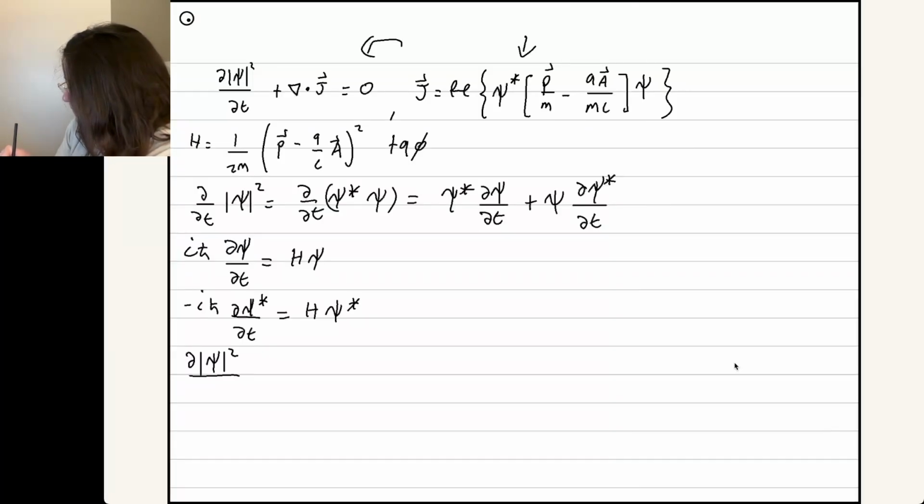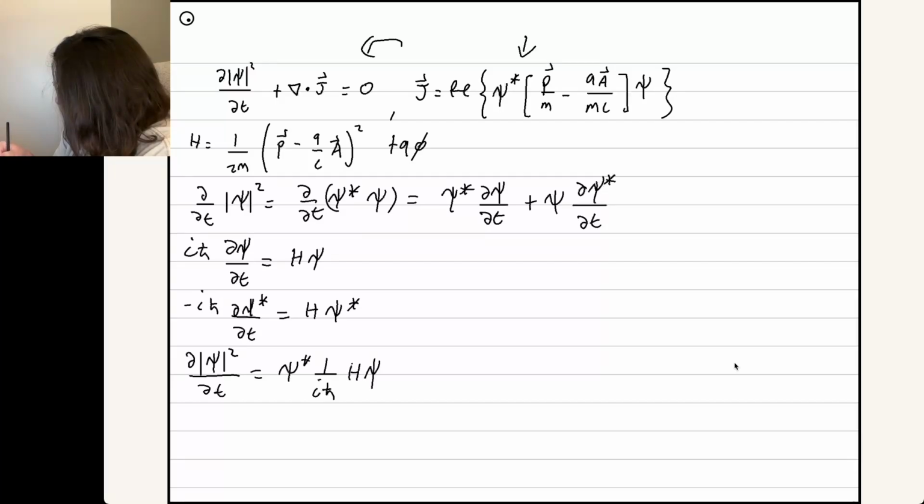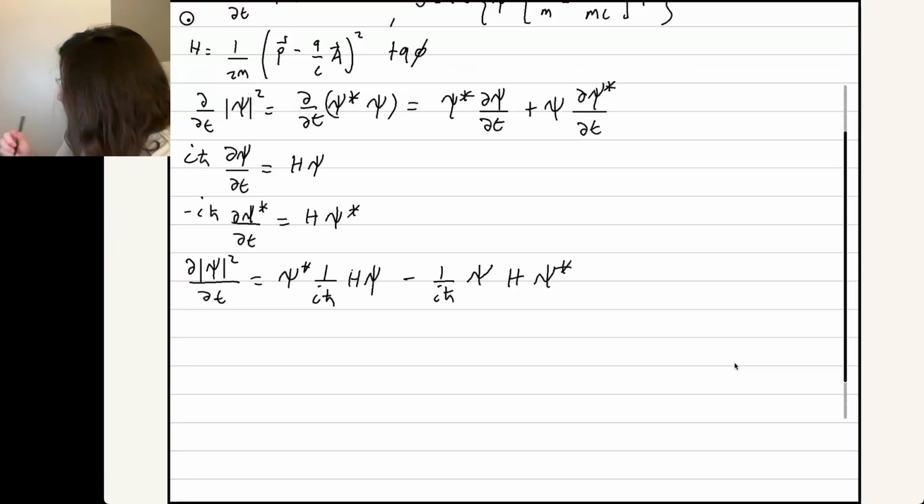and then you can rewrite del psi star, or del psi squared del t, as being psi star times 1 over i h bar H psi, and that's the Hamiltonian, and then minus 1 over i h bar psi star Hamiltonian, and you actually have psi not star there and psi star here, right?